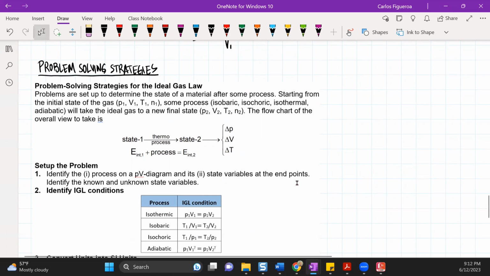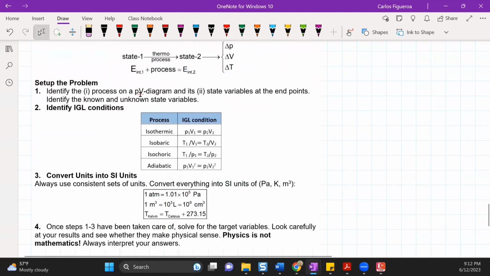And so what you're going to find here is the PV diagram. You have to be able to identify the process and its state variables at the endpoints. Because remember, the internal energy is path independent. It only depends on the endpoints. So once we do this, we look at the process and we say what? Identify the ideal gas law conditions. We will talk about adiabatic at the end of this chapter.